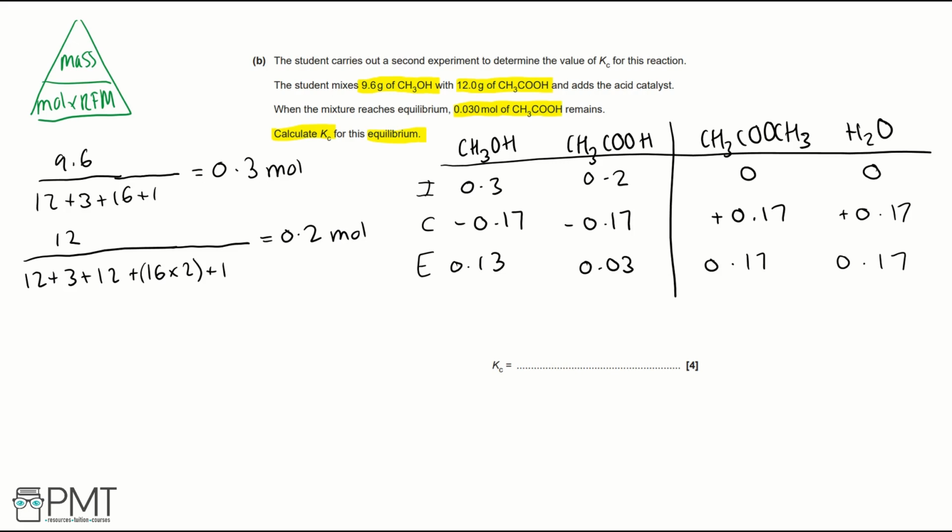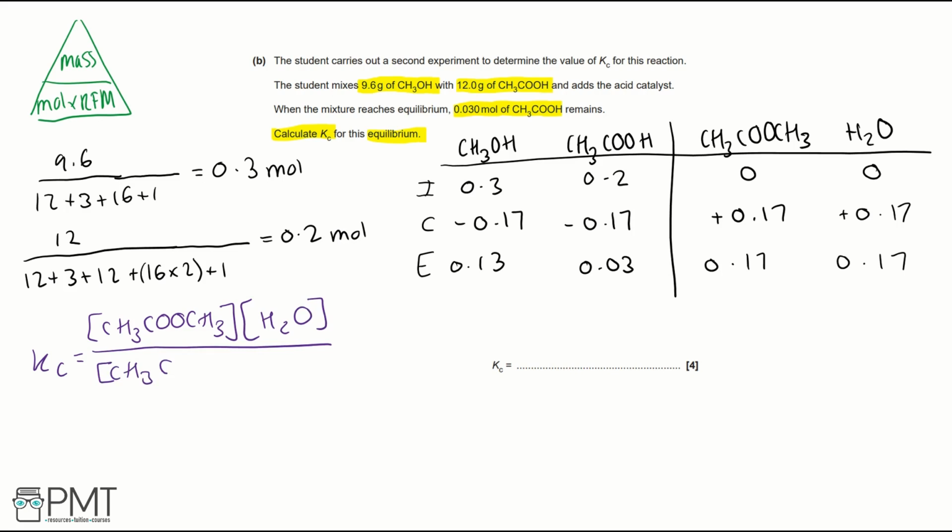Then we write an expression for Kc. So Kc is equal to the concentration of our ester, CH3COOCH3, multiplied by the concentration of water, divided by the concentration of methanol, then multiplied by the concentration of ethanoic acid, CH3COOH. So we don't have the volume, but that doesn't matter because the volumes will cancel out.